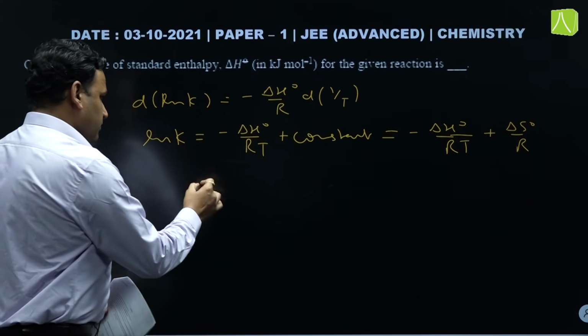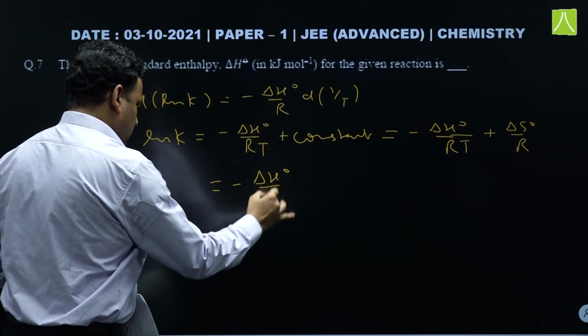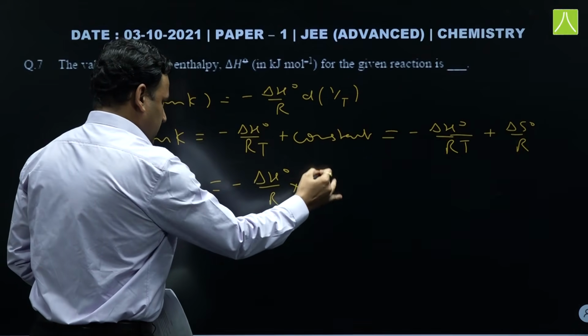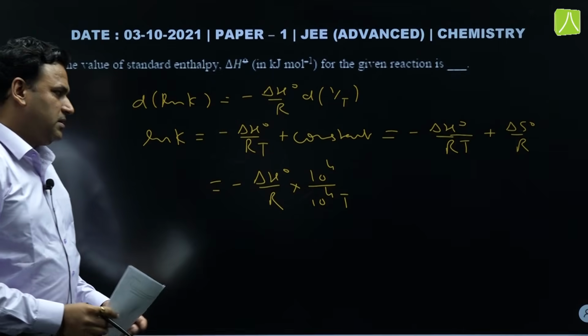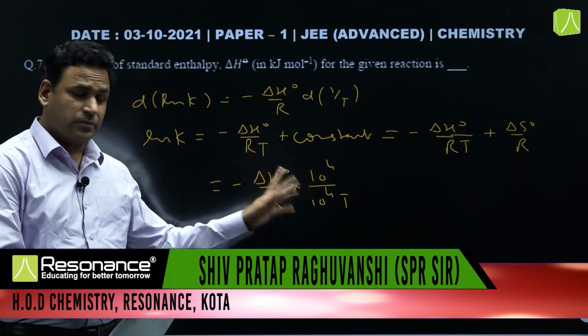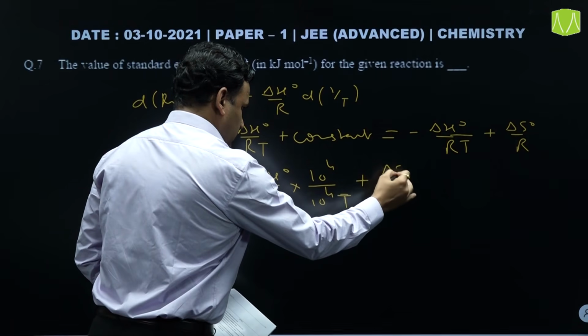So, what we can do is write this as minus delta H naught upon R and multiply it with 10 to the power 4 in numerator and denominator both.